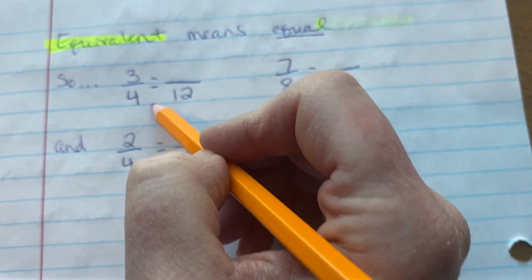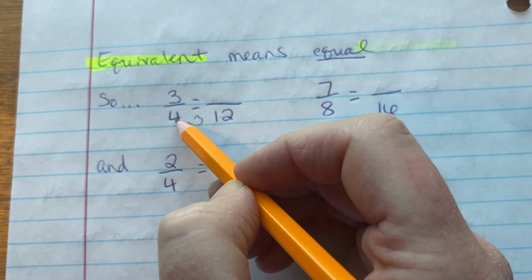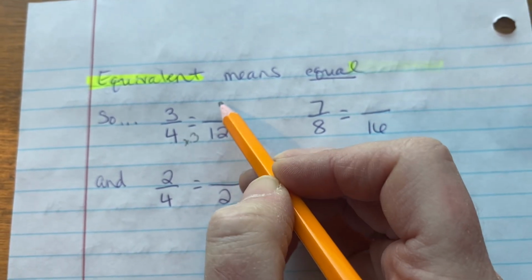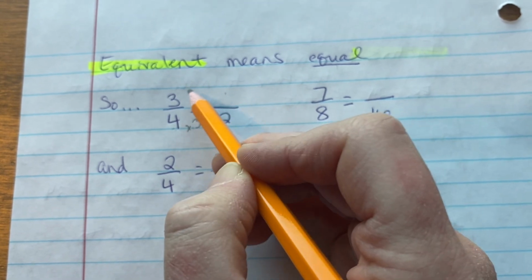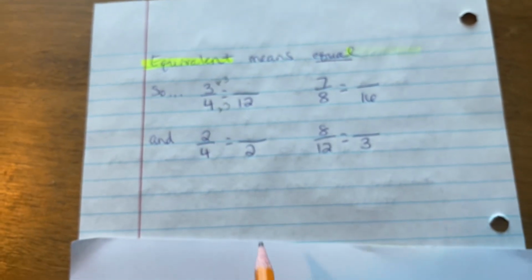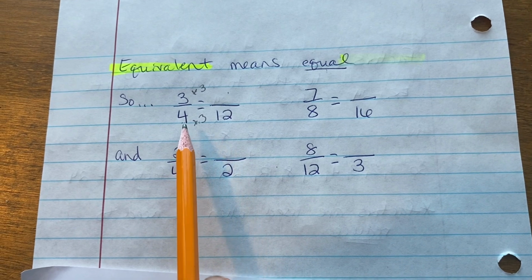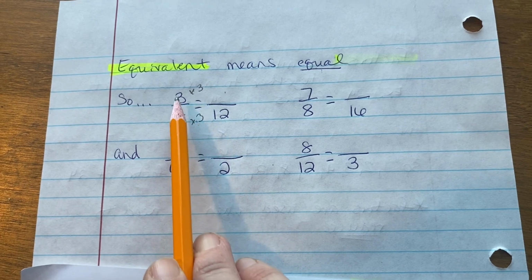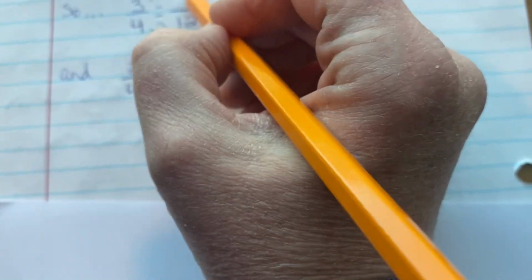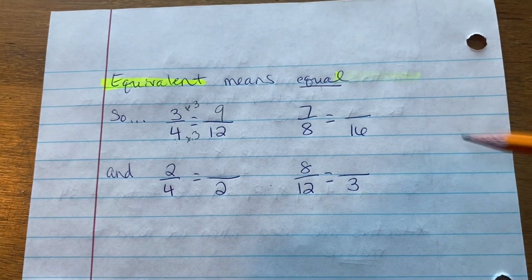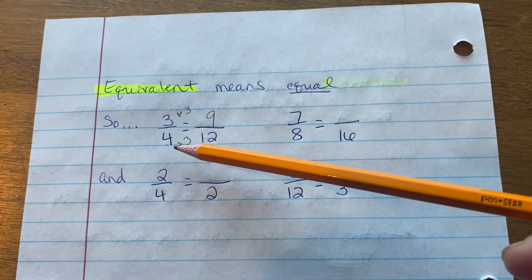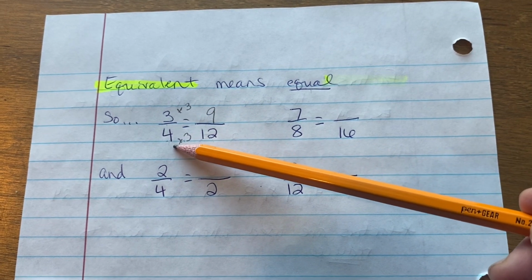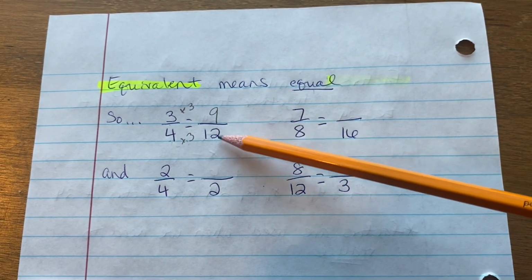But what you do to one, you do to the other. You have to keep it equivalent. So 3 times 3 equals 9. So 3/4 is the same thing as 9/12.